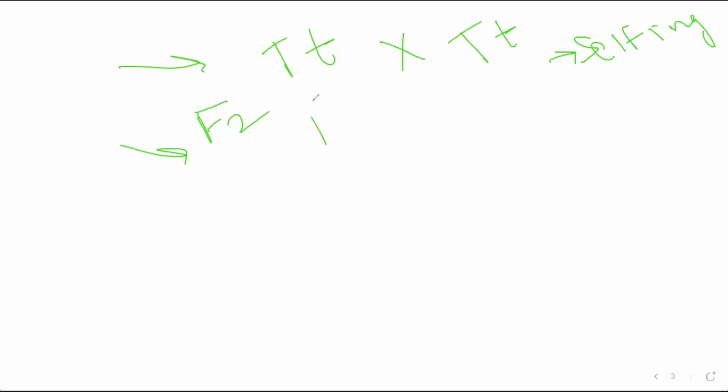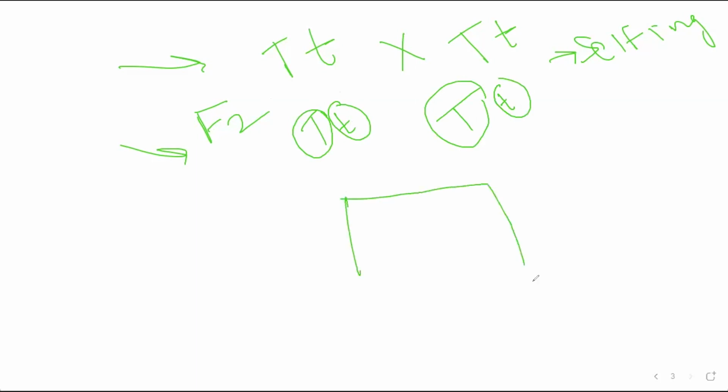If you want, again, you can make the gametes also. So you have capital T, small t gametes over here, capital T, small t gametes over here. Whenever you are writing the gametes, make sure you write them inside a circle. There's one way of representing these structures, and not in this cross, but maybe in some higher categories of cross, it's very helpful.